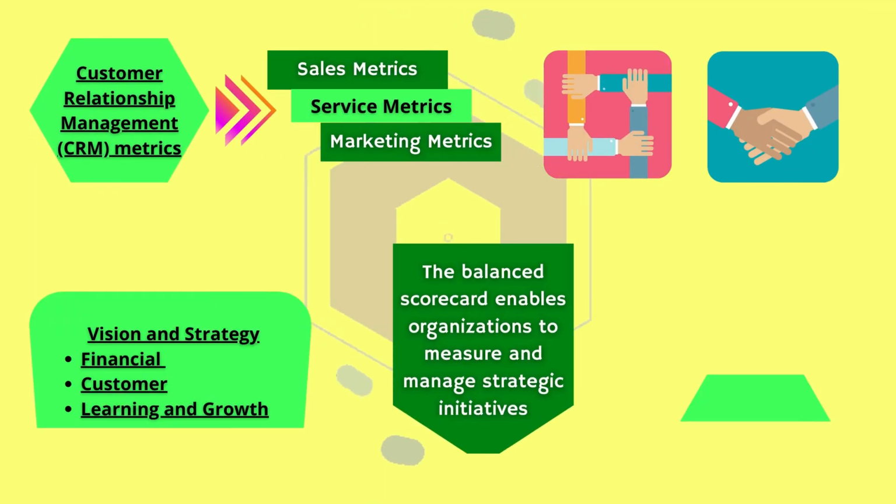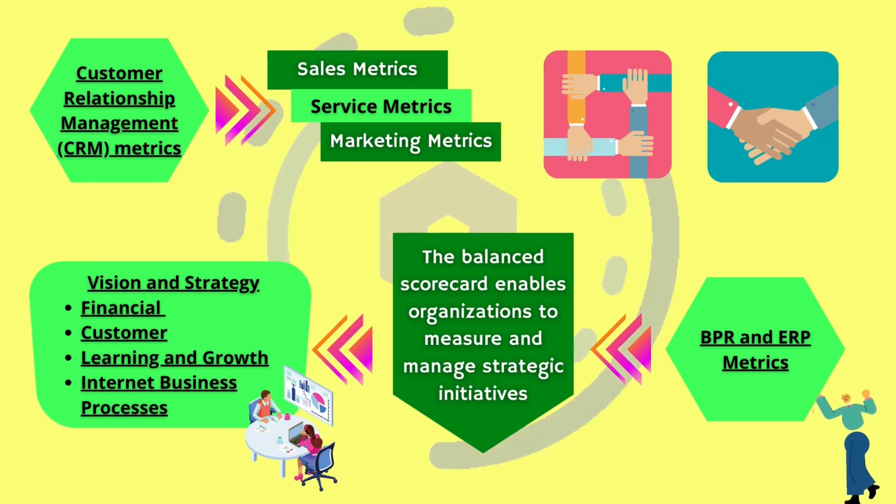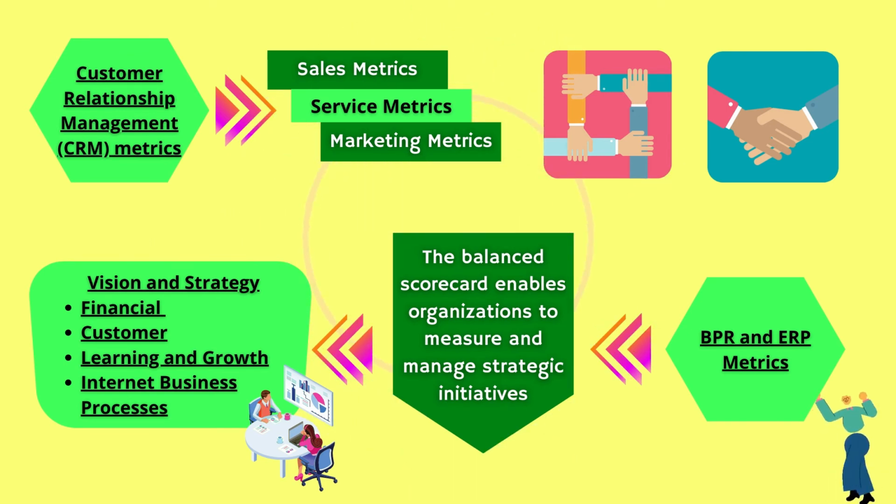Customer relationship management metrics: sales metrics, service metrics, and marketing metrics. BPR and ERP metrics: the balanced scorecard enables organizations to measure and manage strategic initiatives. The vision and strategy focus on financial, customer, learning and growth, and internal business processes.